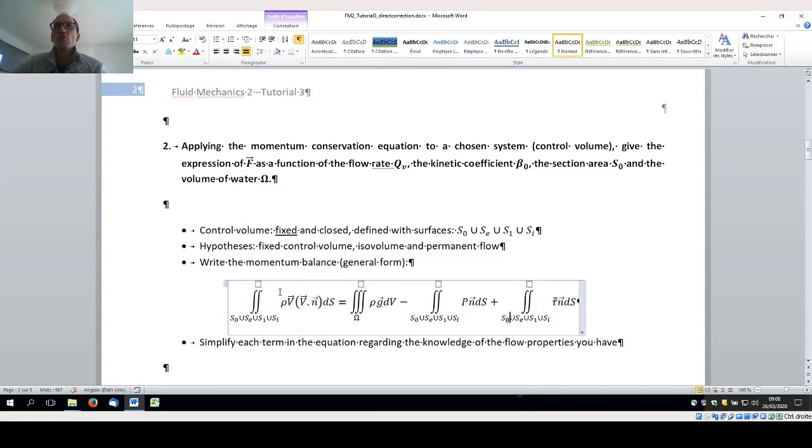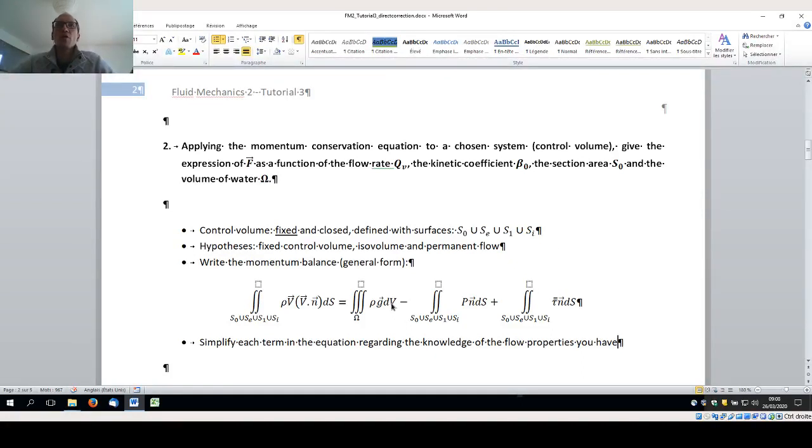To obtain this kind of equation, you only need the assumptions of a fixed control volume and permanent flow. This is the most important equation you need to know in the expression of the momentum balance.